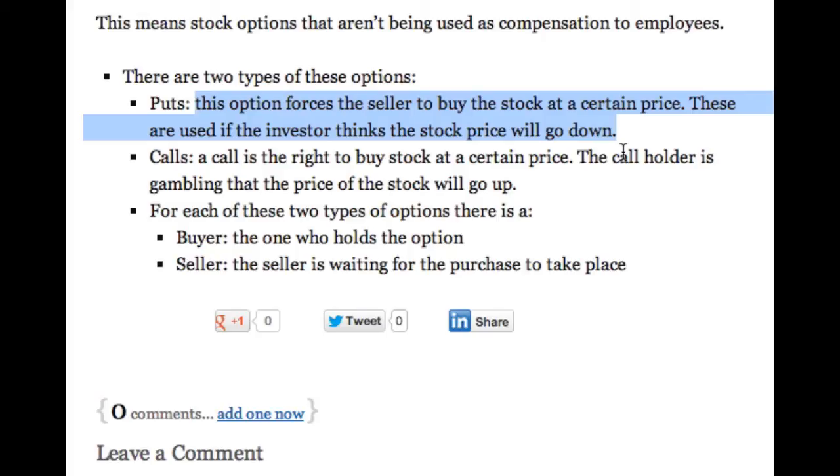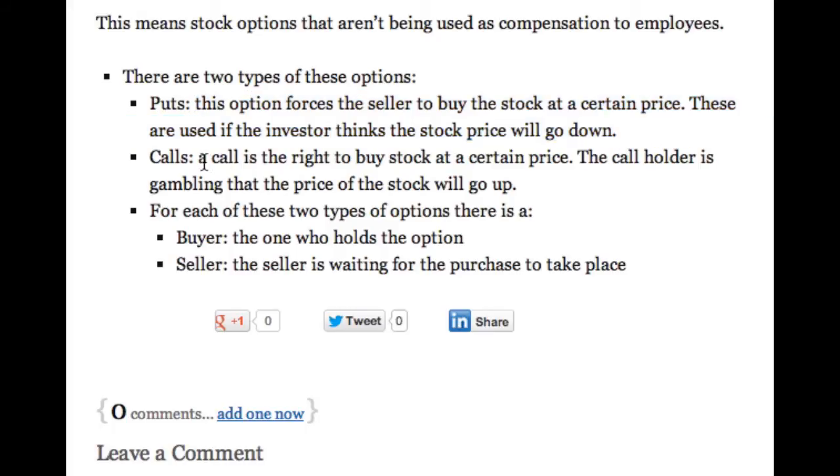These are used when the investor thinks that the stock price is going to go down. So if they have a put option for $60 a share, and that stock drops to $50 a share, they can exercise their put and the stock will be purchased from them at $60 a share instead of the market value of $50 a share.